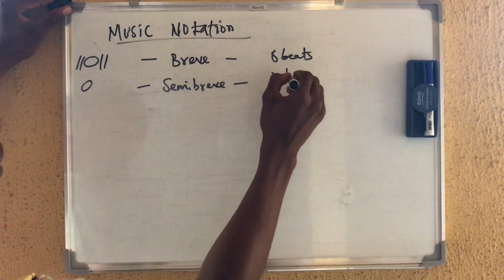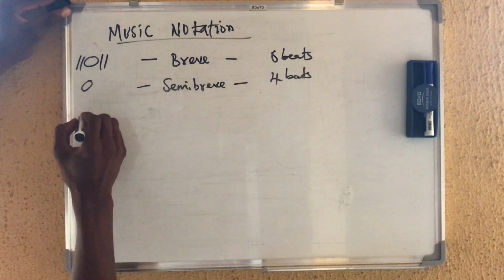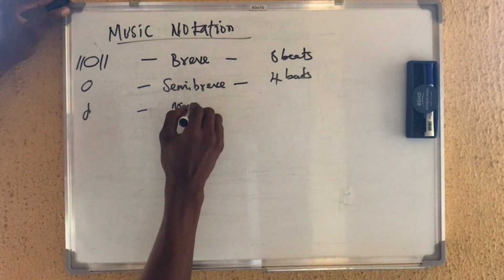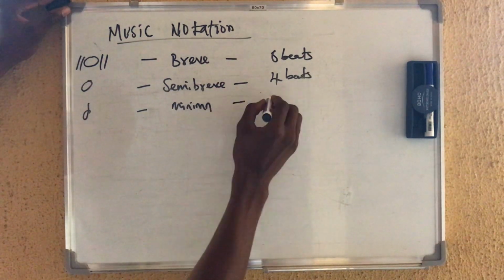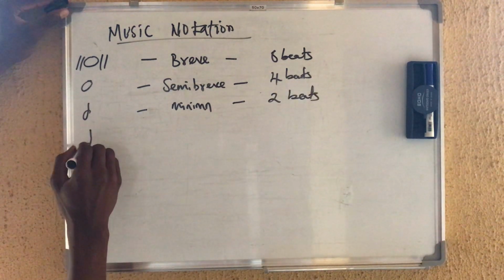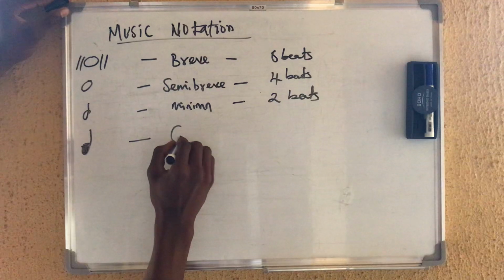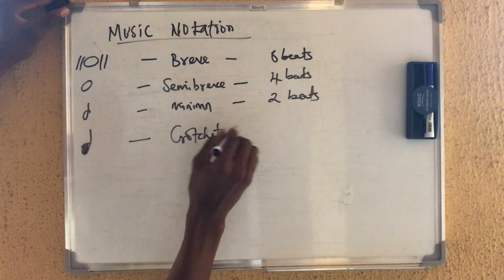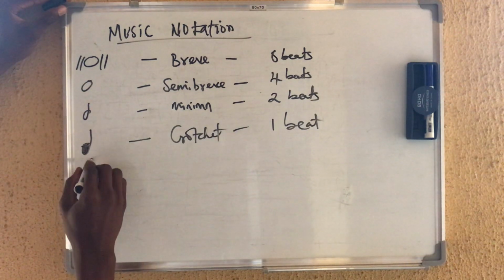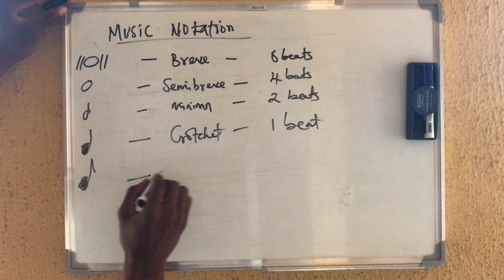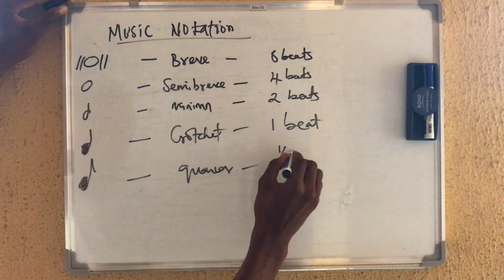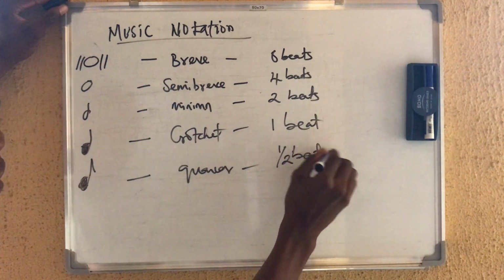which is 4 beats. We'll have the one we'll call the minim, which is 2 beats. We'll have the one we'll call the crotchet, which is 1 beat. We'll have the one we'll call the quaver, which is half a beat.